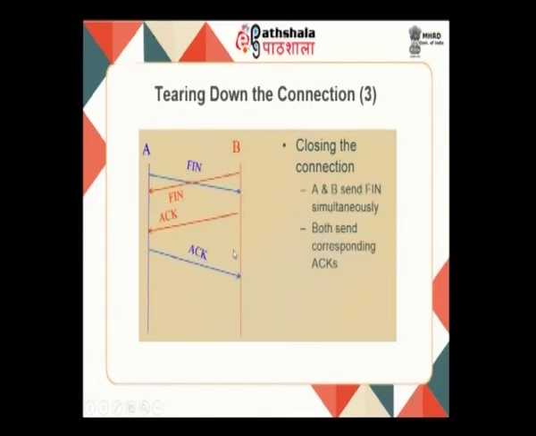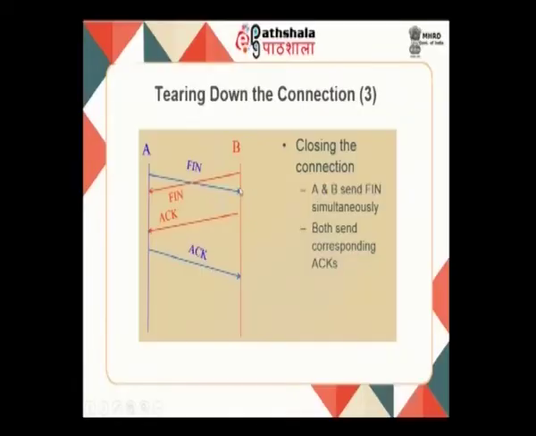There is yet another situation that could occur, which is that both A and B, at the same time, decide to close the connection. So, what will happen in that case? A sends a FIN, B also sends a FIN, irrespective of what is happening on the other side. The FINs would actually cross each other. But once A's FIN reaches B, B will send an acknowledgement for that FIN.